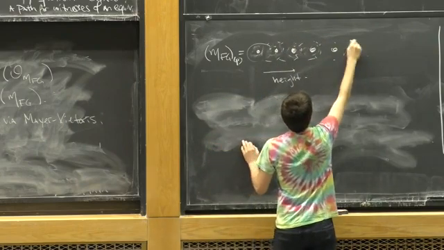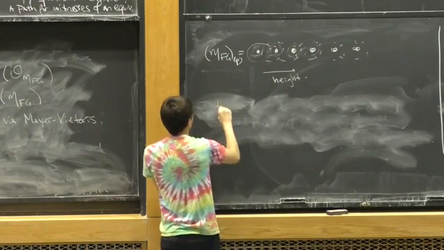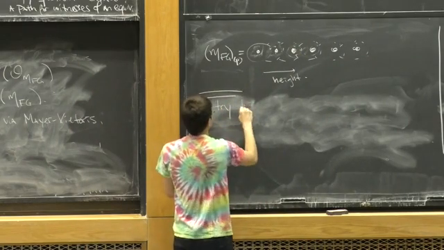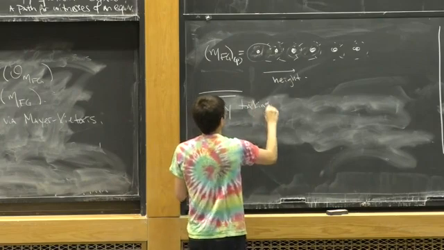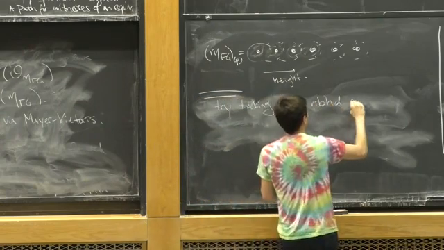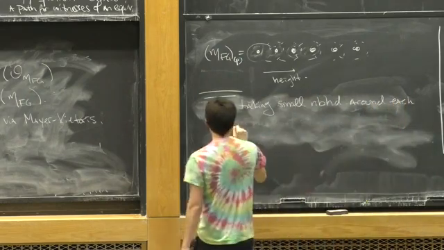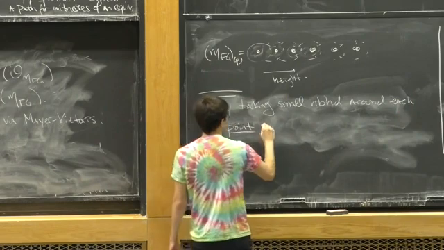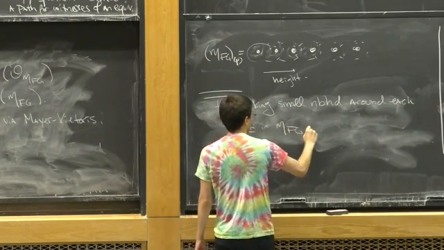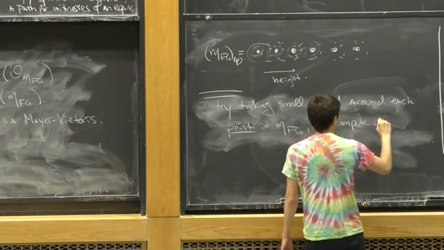This is a misleading picture, but we're going to try taking a small neighborhood around each point in MFG and compute the cohomology there.